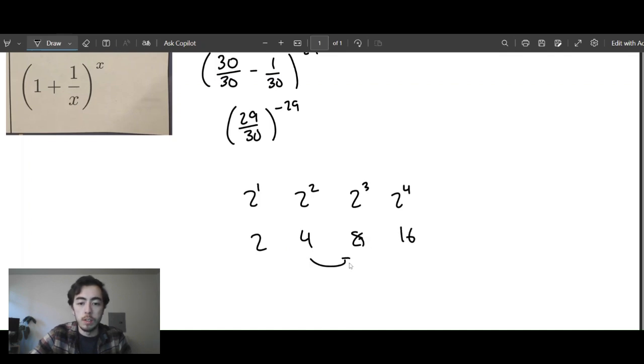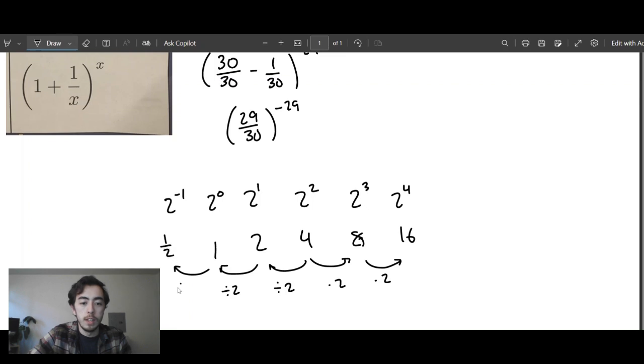As you work your way up this list, you're just multiplying by 2 every time. So if you wanted to work down your list, you could divide by 2. Following this pattern, 2 to the power of 0 would be 1, and then 2 to the power of negative 1 is going to be 1/2. So in some sense, negative exponents are division.